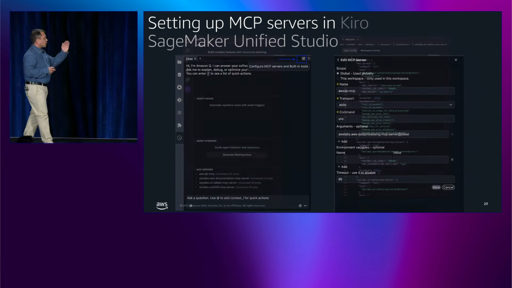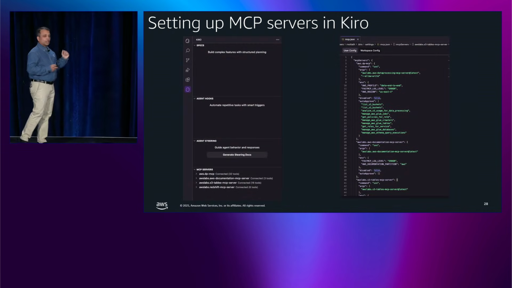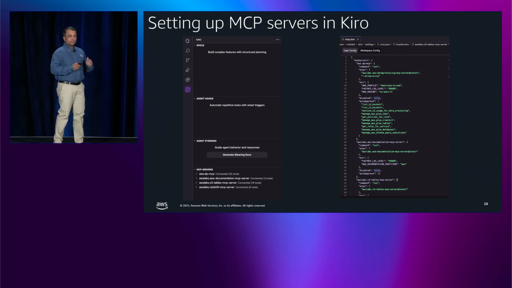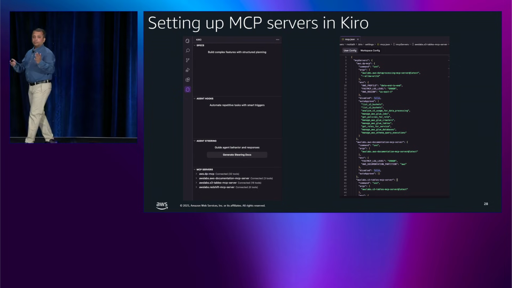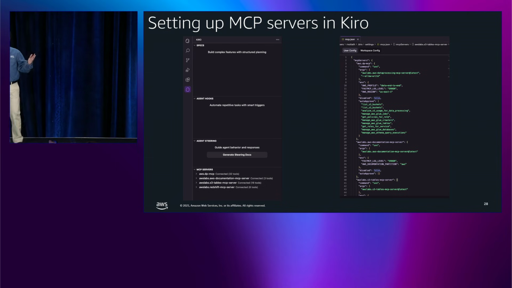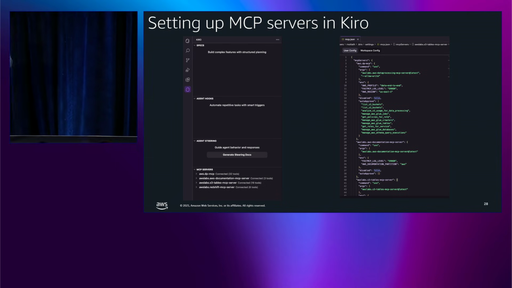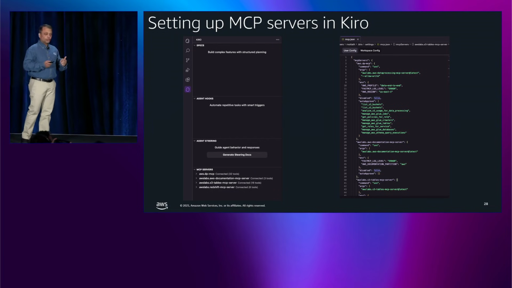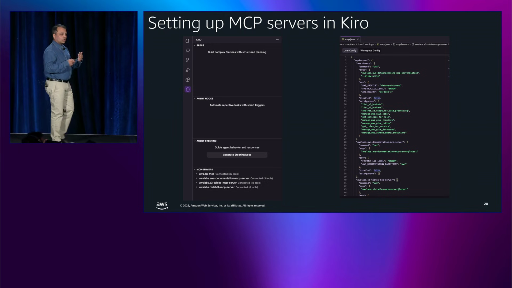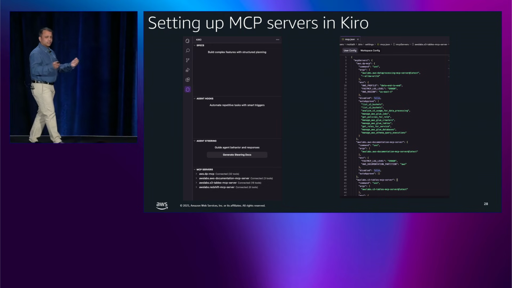Now, let's take a look at how you would do the same thing in the case of another tool, Kiro. So it's not any different, just that in the case of Kiro, there's an mcp.json file. All you would do is add a block of JSON configuration for each MCP server that you want to bring in. So you might be bringing in the Redshift MCP server, or the DataZone MCP server, or the Data Processing MCP server.